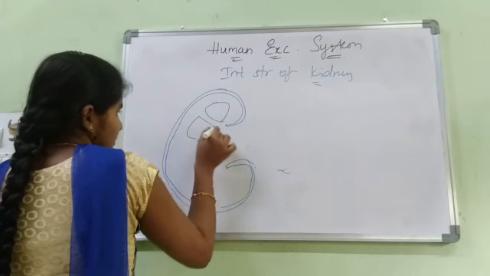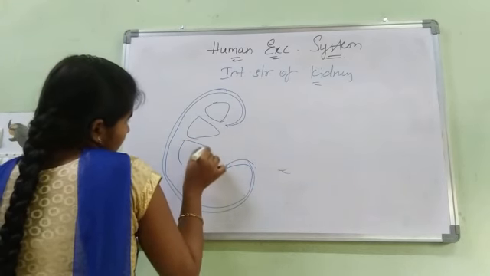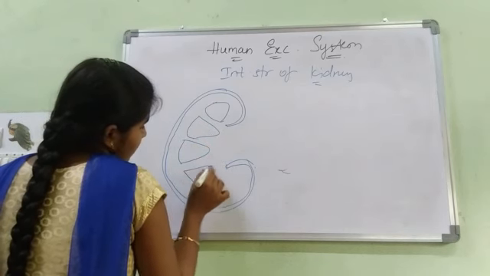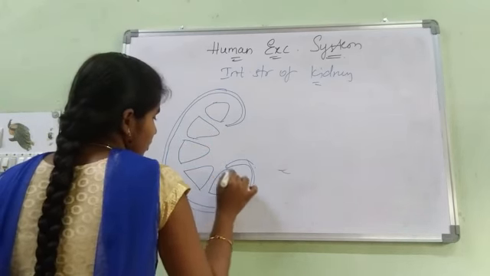You can observe in your books, or you can observe on the internet. These are clearly visible, which you all know.